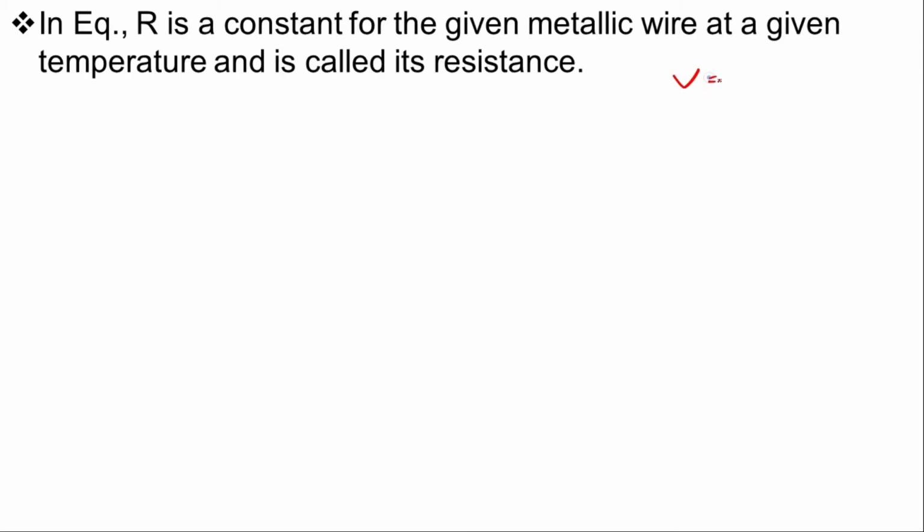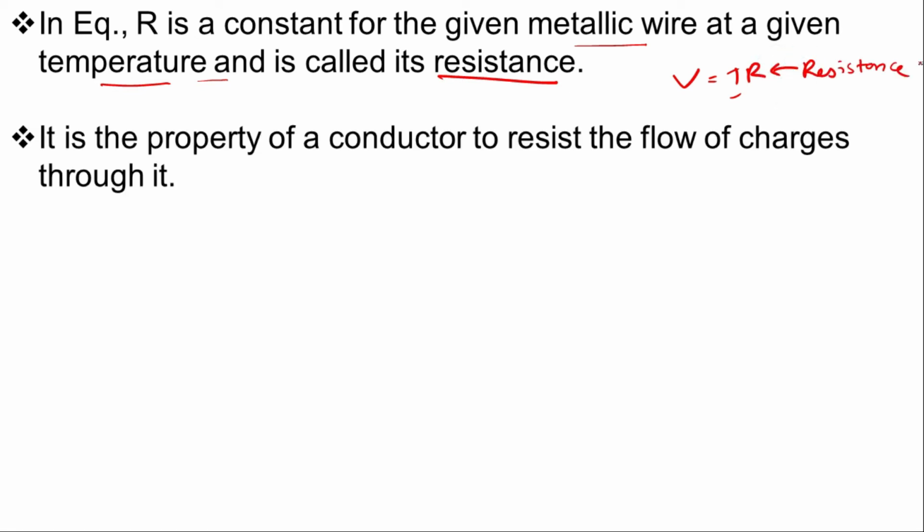In V is equal to IR, the R is a constant for a given metallic wire at a given temperature and is called resistance. It is the property of a conductor to resist the flow of charge through it. Here, from the word resistance, you can state its property, that is to resist the flow of charge through it.